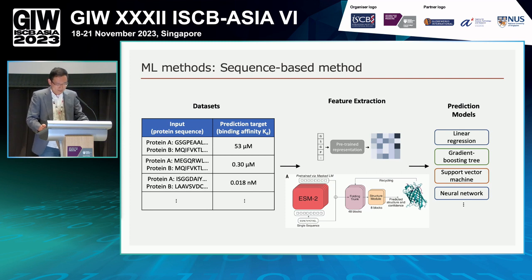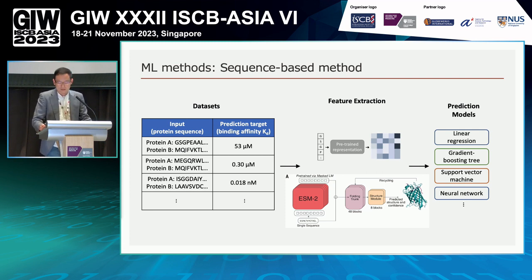So how to design an efficient feature extraction method is very important for machine learning. For proteins, there are two kinds of representations. One is the amino acid sequence, and the second one is the 3D structure. Based on the representation used by the model, protein-protein binding affinity prediction models can be divided into sequence models and structure models.